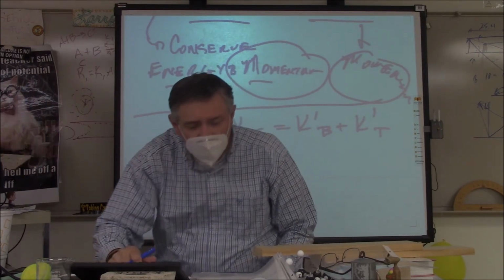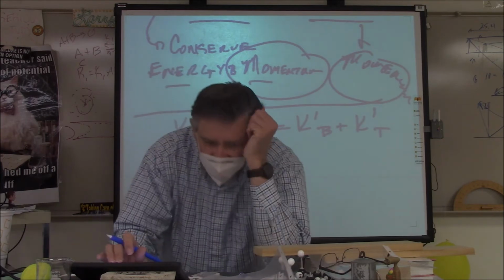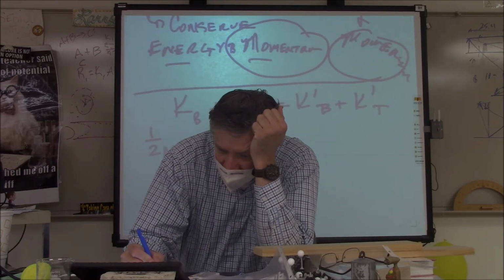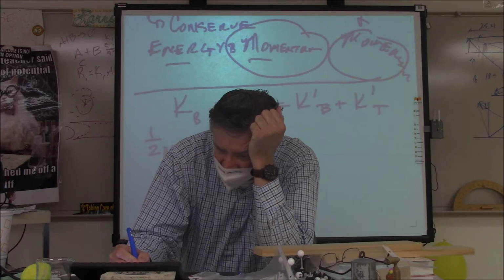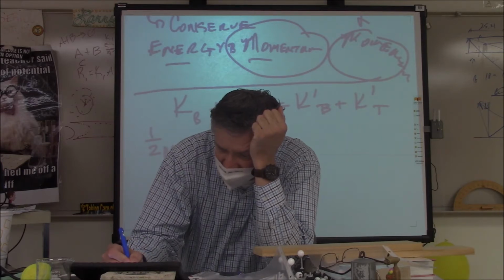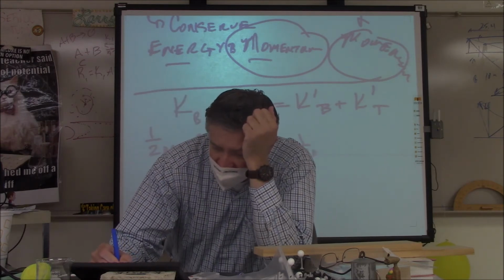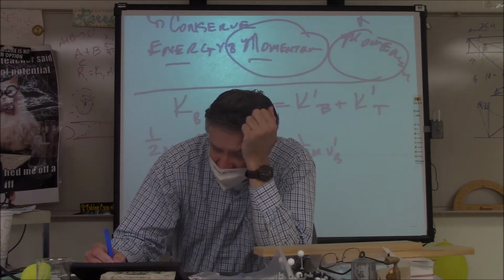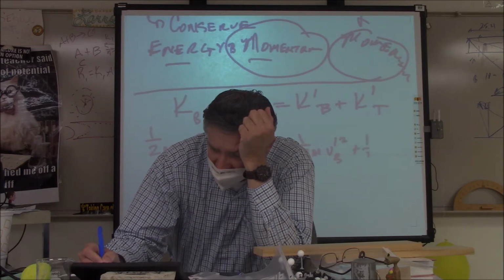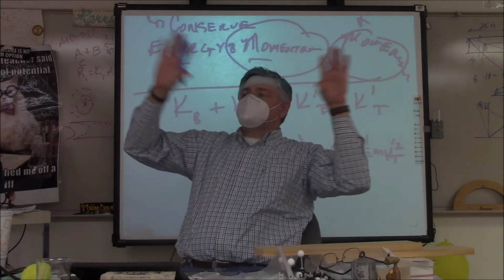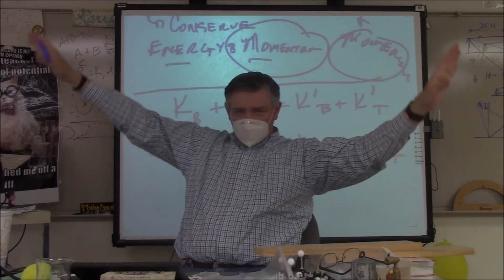So this would be 1/2 the mass of the bullet times the velocity of the bullet squared, plus 1/2 the mass of the target times the velocity of the target squared. This is why this is a long process. And that equals 1/2 the mass of the bullet times the new velocity of the bullet squared, plus 1/2 the mass of the target times the new velocity of the target squared. So this is how it's going to start.